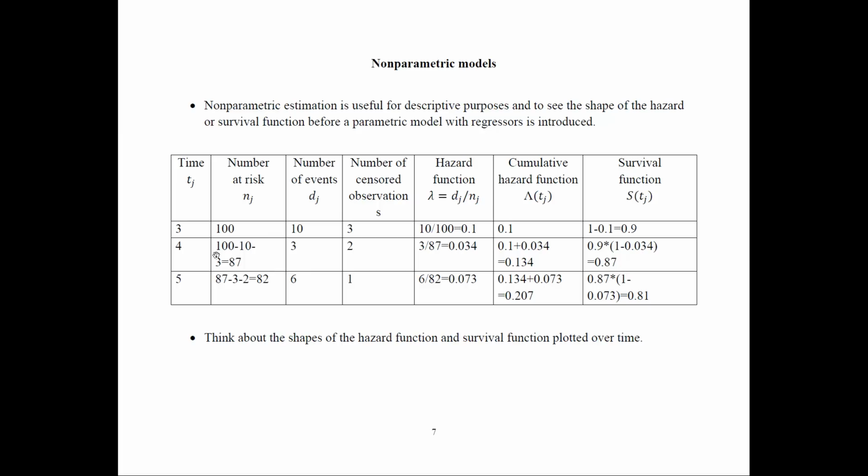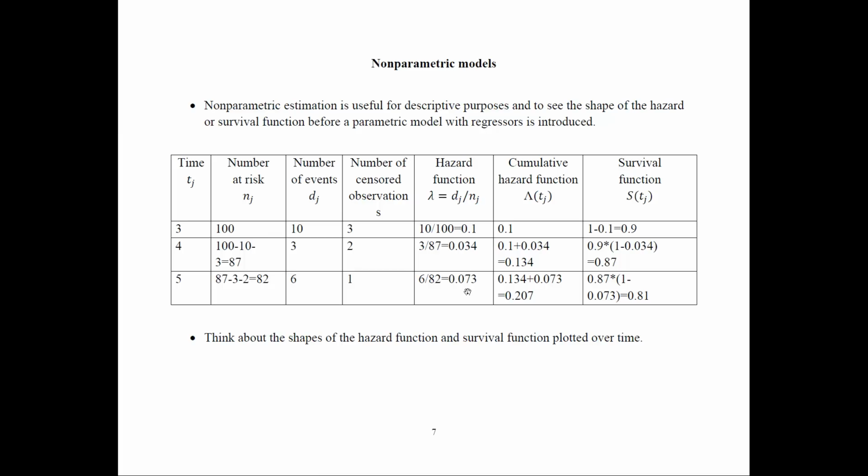Okay, so let's do one more row. In the next period, period 5, we're starting with 87 observations from the previous period. 3 we lost because they had the event. 2 we lost because of censoring, so we have 82 in the pool. Let's suppose 6 of them experienced the event, 1 of them was censored. What's the hazard function? 6 experienced the event divided by 82 that started in this period, so we have 0.073 for the hazard function.